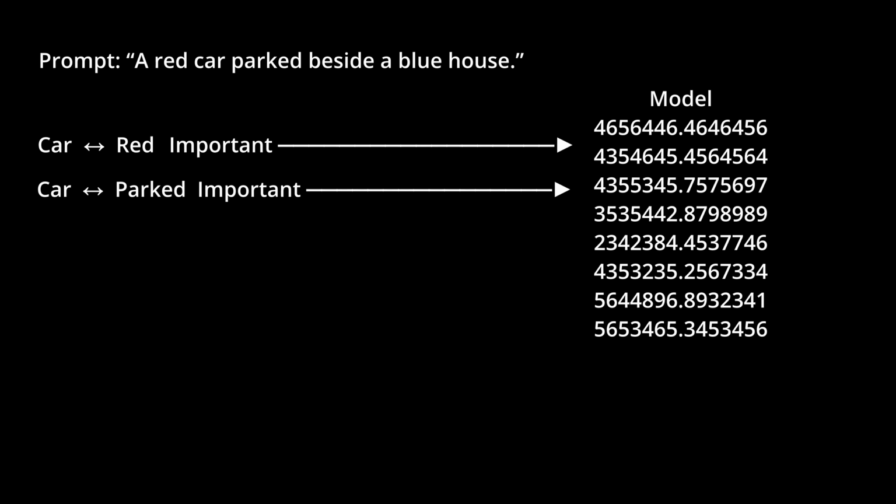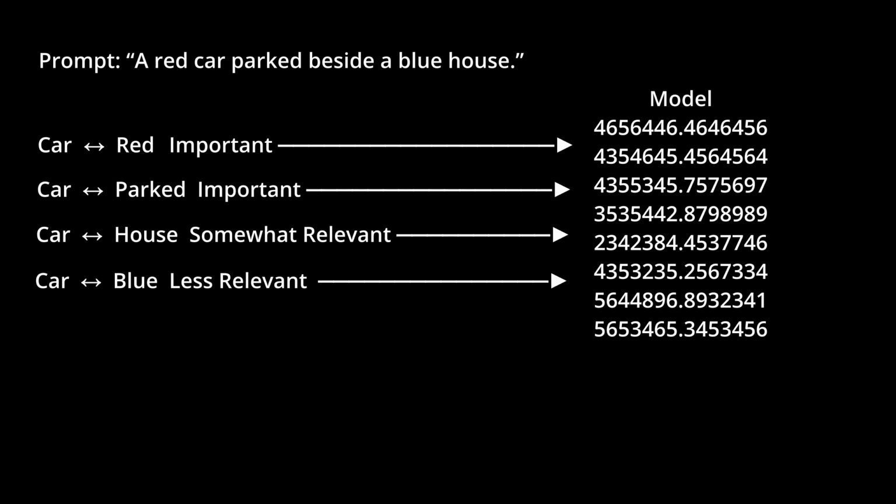The car and the word parked are also related because parked describes the state of the car. The car and the word house are somewhat related because the car is parked beside the house. But the word blue is less relevant to the car because blue describes the house, not the car.